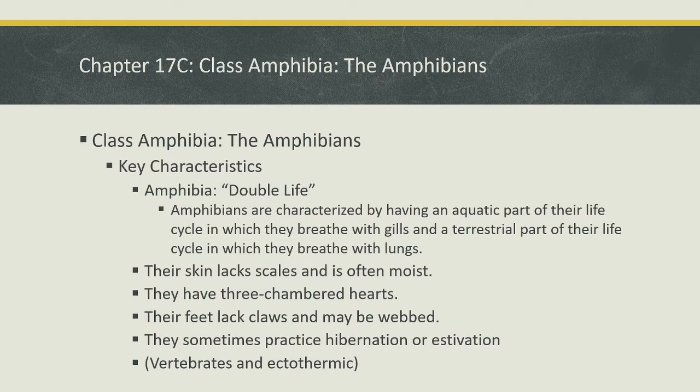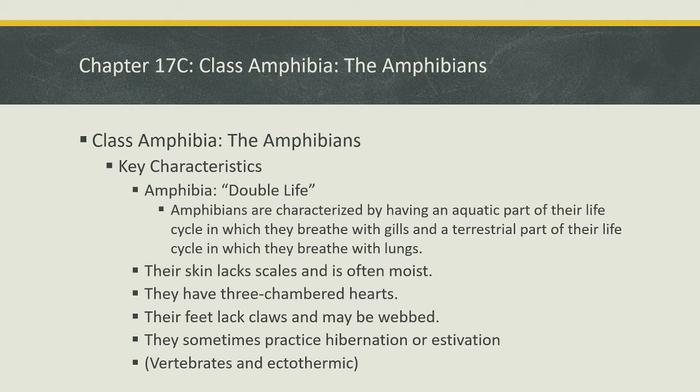That aspect of that double life, metamorphosis, the aquatic for some time and terrestrial or land dwelling for another time. Another thing we could say is their skin lacks scales and is often moist, so scaleless, usually moist skin. That's something else. These are general characteristics. Next, they have three chambered hearts. Like the human heart has four chambers.